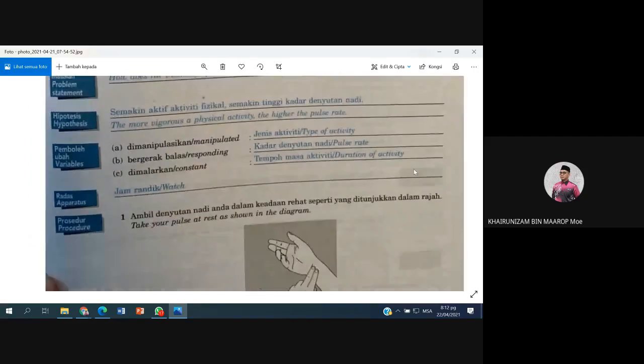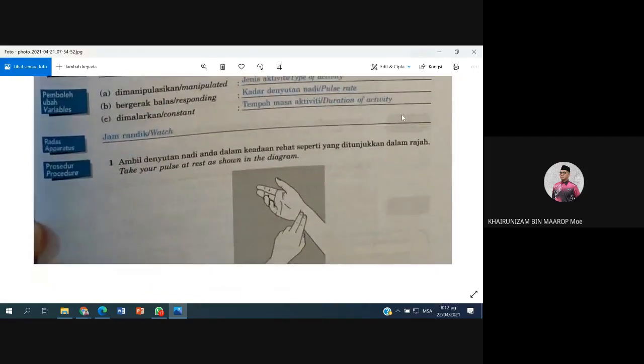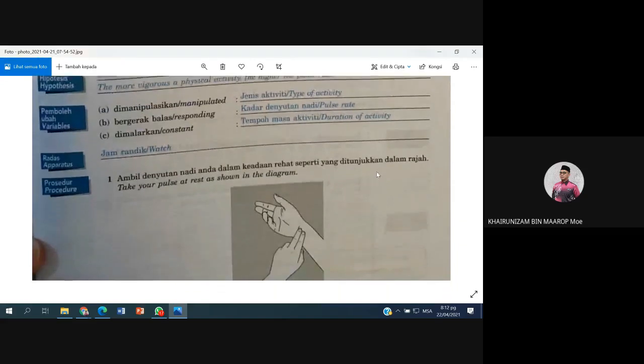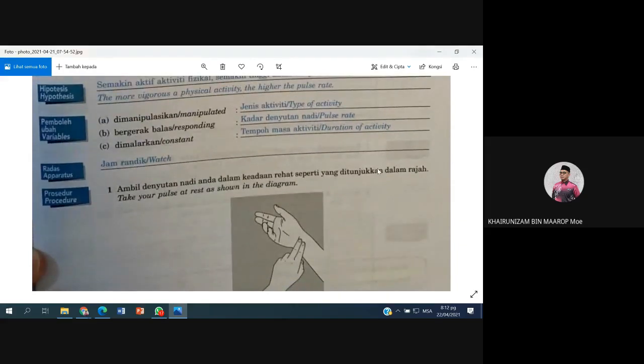So this is the procedure. If you look at this diagram, normally you wear your watch on which hand, left or right? Biasanya kamu pakai jam di sebelah mana, kiri atau kanan.